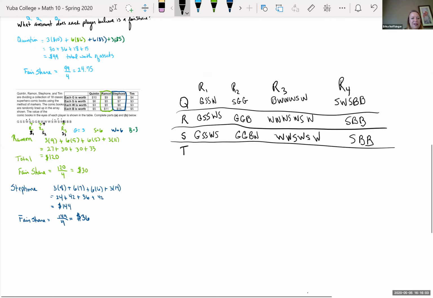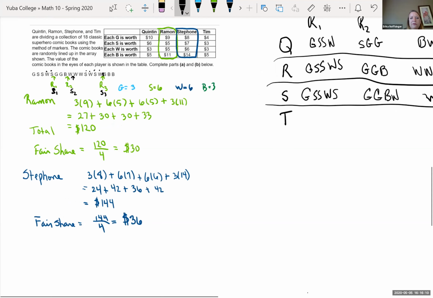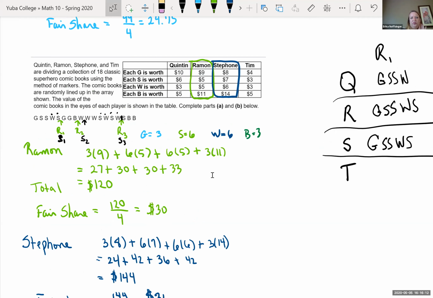So last but not least, let's look at Tim and the whole amount for Tim. Okay, so Tim, let's see. Okay, so Tim, he believes that the first one is worth $4, G is worth $4. There's 3 of them, so 3 times 4.